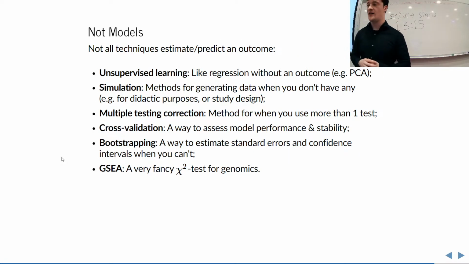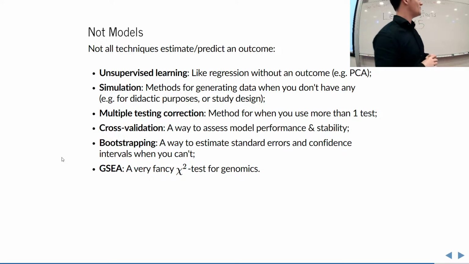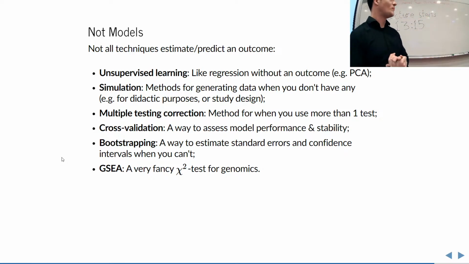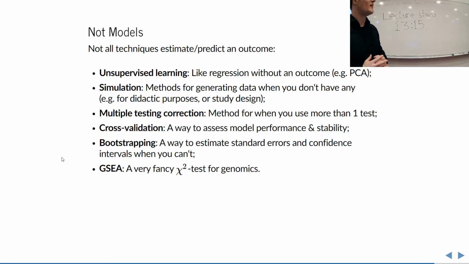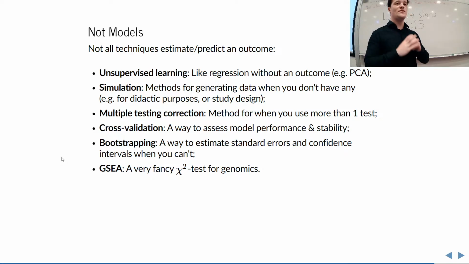Okay. Finally, there are some things that are not even models, but we do learn them. So unsupervised learning, like PCA. Simulation, very useful. Most students, the first time they hear about simulation, are like, okay, why would I want to make fake data? I'm not a teacher. But it's actually also very useful in study design, because if you don't have data yet, how are you going to convince someone how many samples you need?